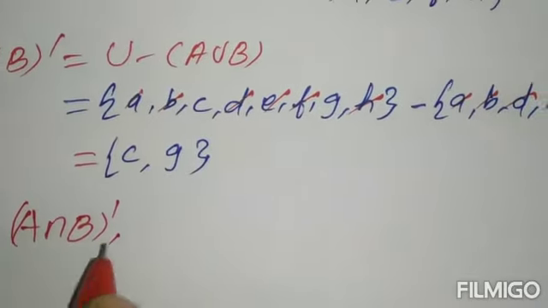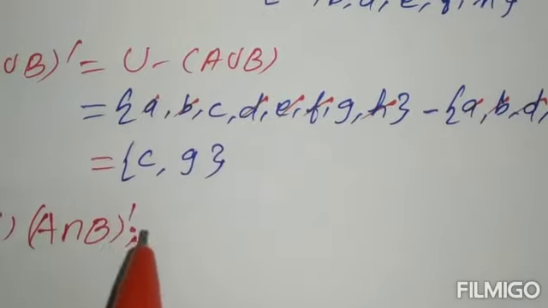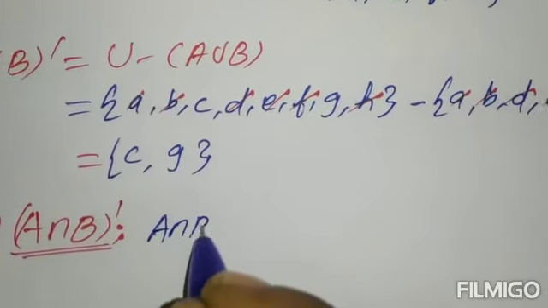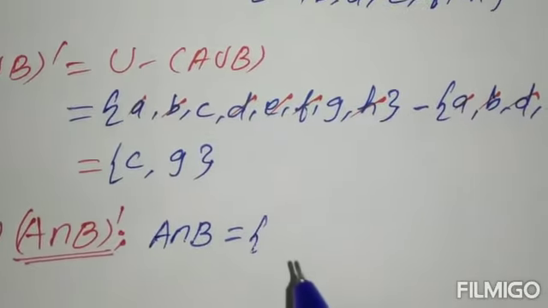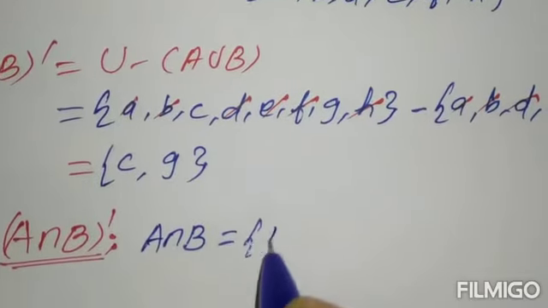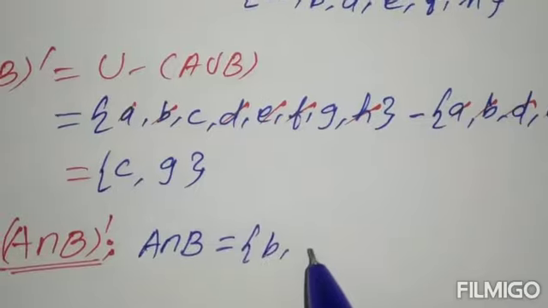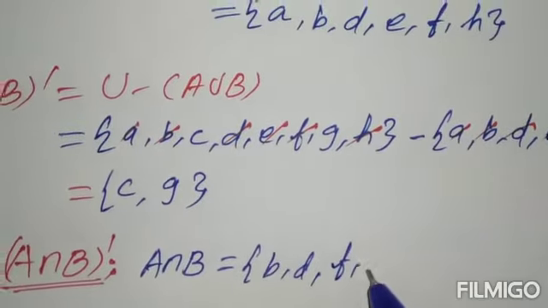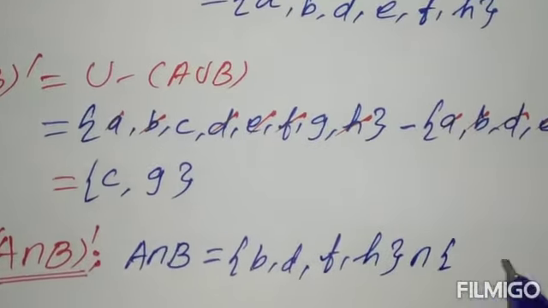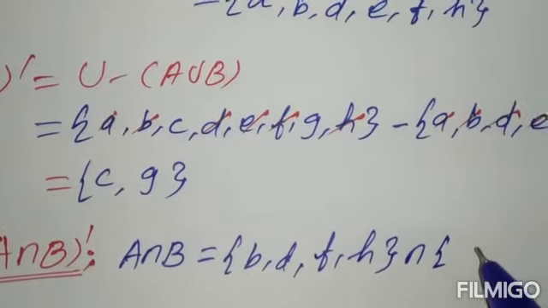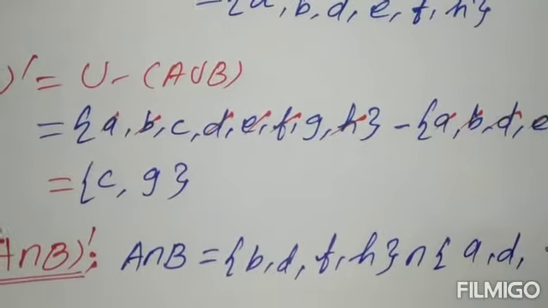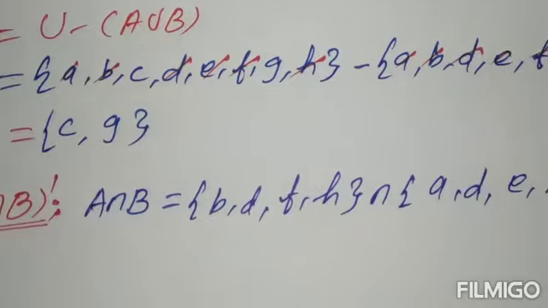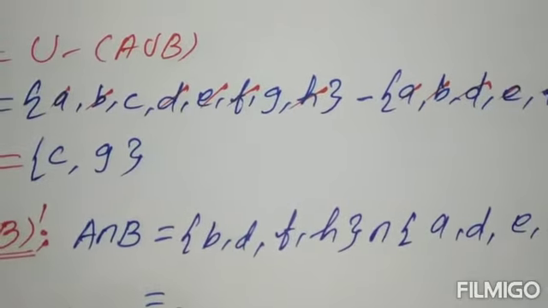So before finding A intersection B the whole complement, we have to find A intersection B. So A intersection B is equal to the set of all elements of A: B, D, F, H, intersection elements of B: A, D, E, H.